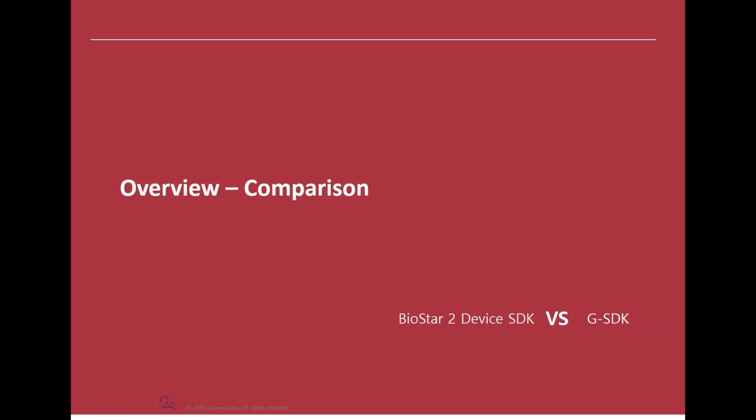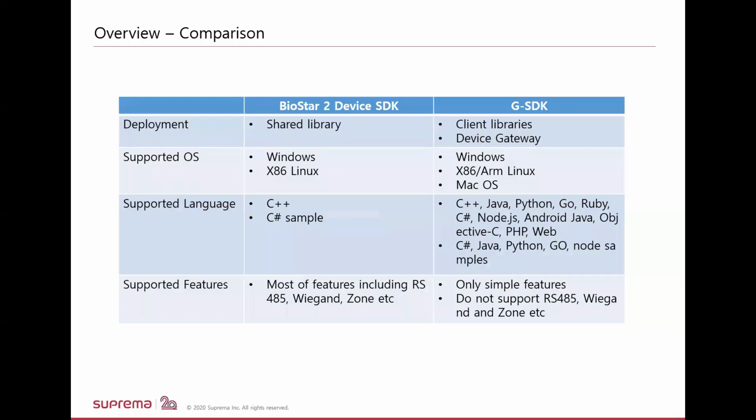Lastly, I will briefly summarize the differences between the Device SDK and the GSDK. The Device SDK is provided as a shared library, which is a C++ library, while the GSDK is composed of the gateway and client libraries.